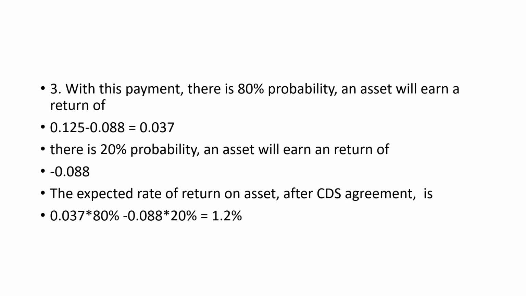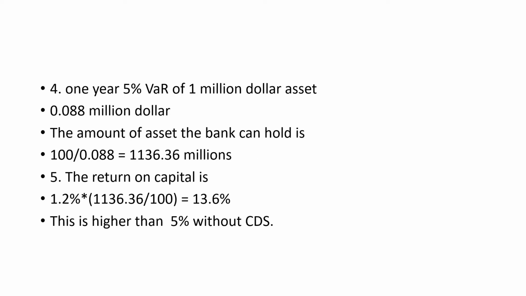This is equal to 1.2%. 4. 1 year 5% value at risk of $1 million asset is $0.088 million. This is the amount of insurance premium because the actual amount lost is covered by the insurance company.